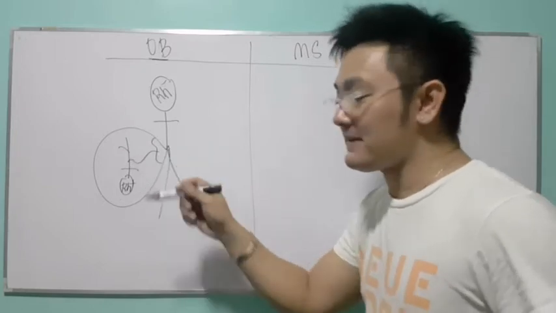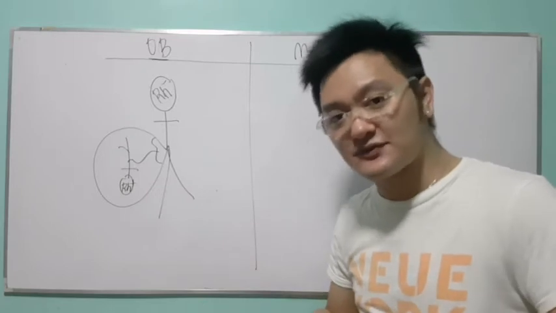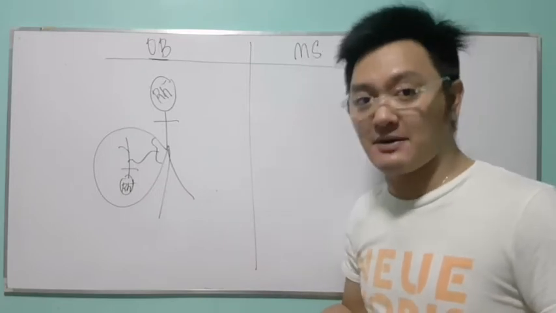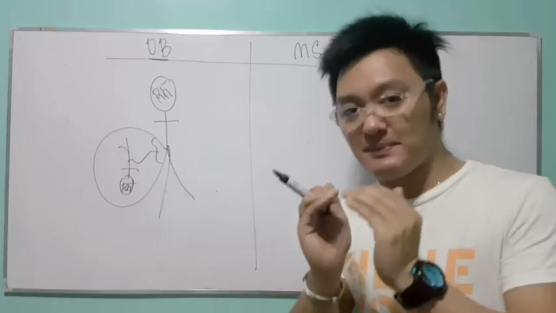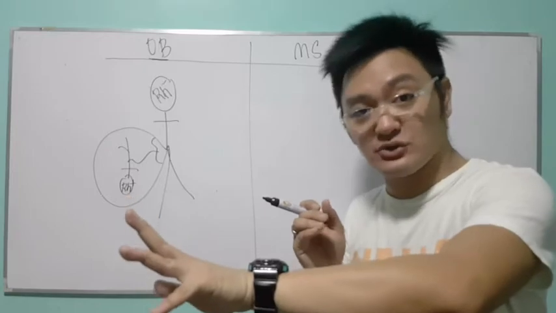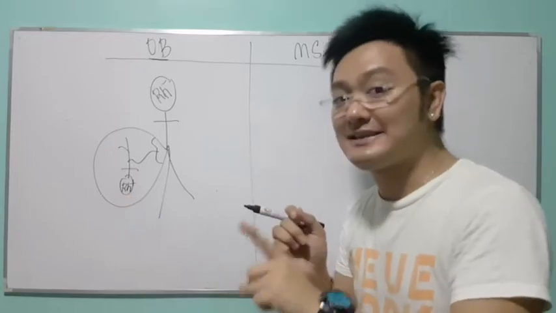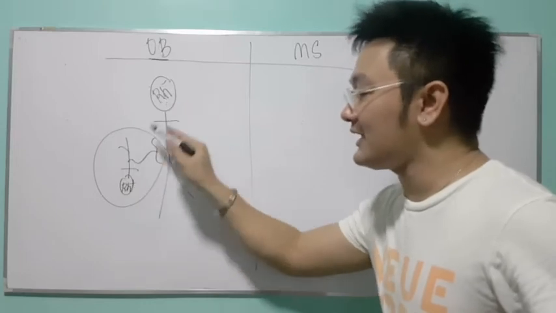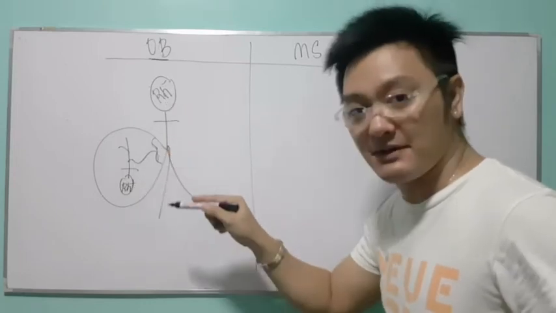Remember, the baby will stay inside the uterus for about 10 lunar months or 9 months. Am I right? After a specific period of time, the baby will be expelled out from the uterus. That is why during delivery, remember, the only link between maternal and fetal is the placenta. Am I right?